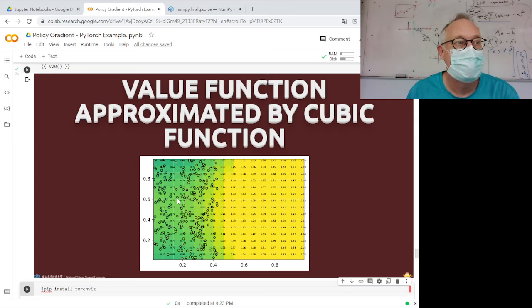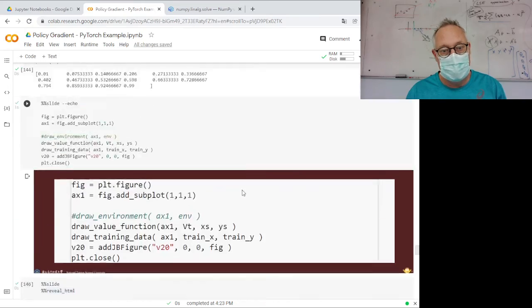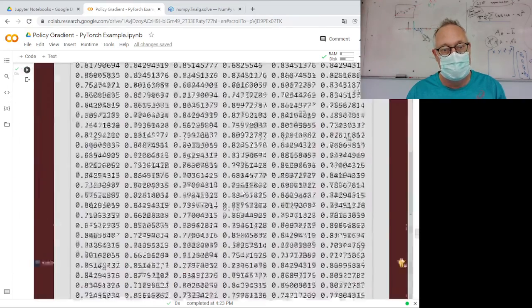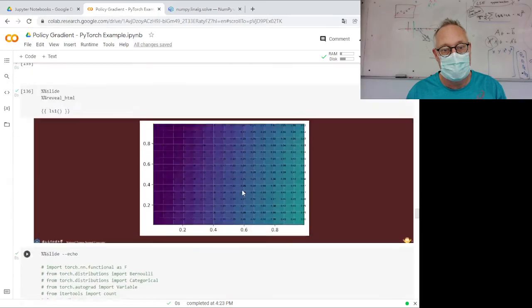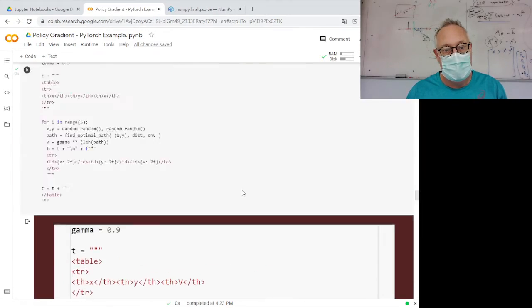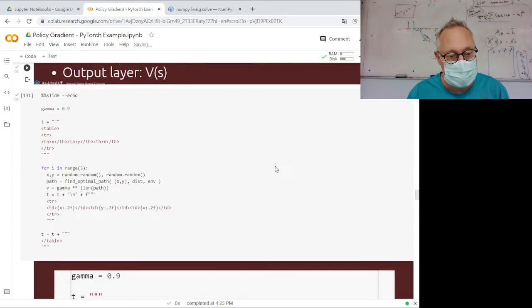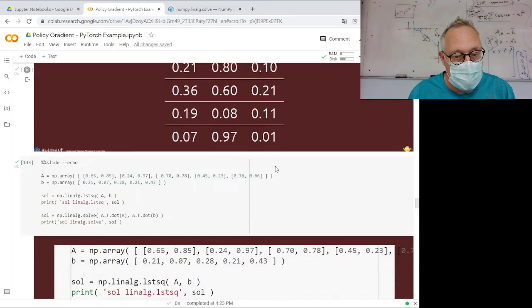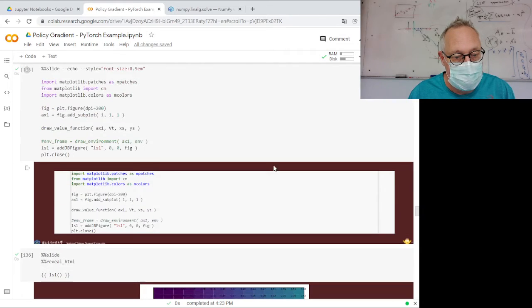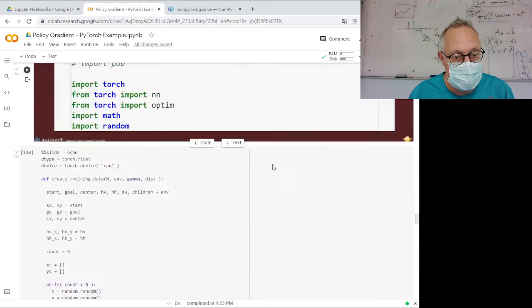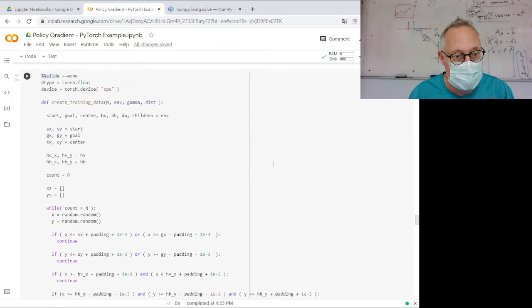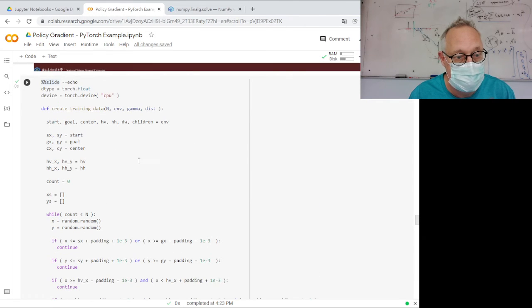The circles are the actual training samples that I created. And you can see now the function already looks a lot closer to what our target function actually is than what we got with the simple model. This is our target function here. But I made a mistake. Create training data, go.